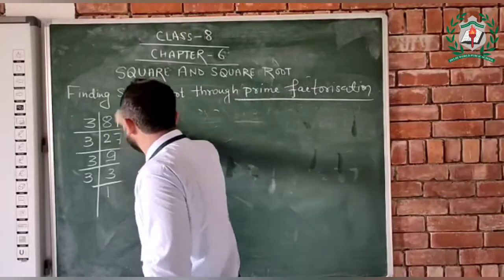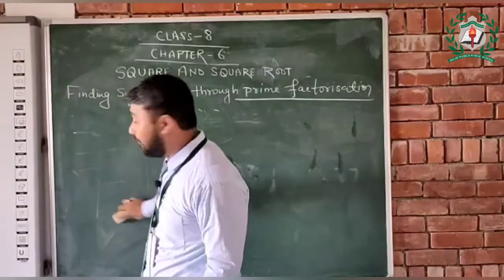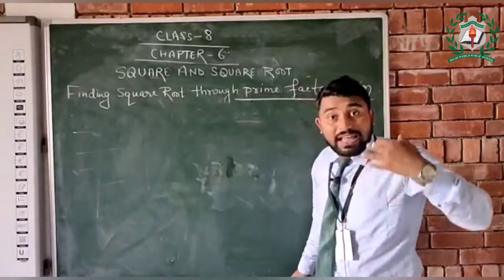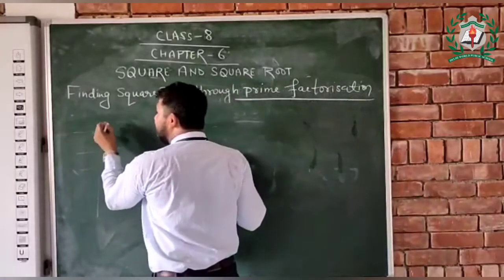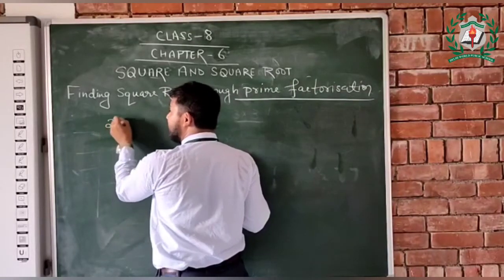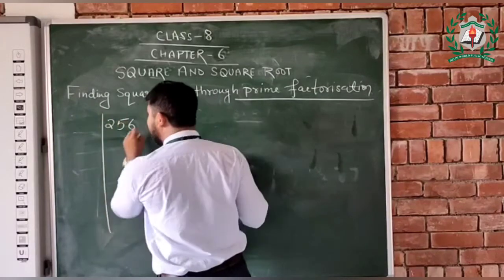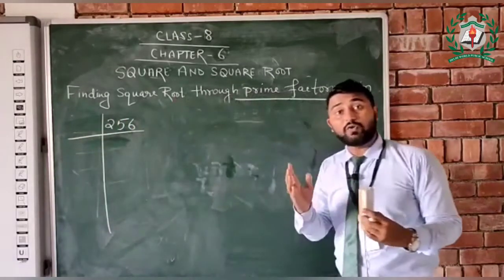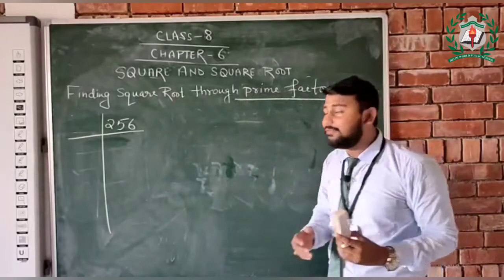Let's take one more example so you can definitely understand. You want to find the square root of 256 by prime factorization.